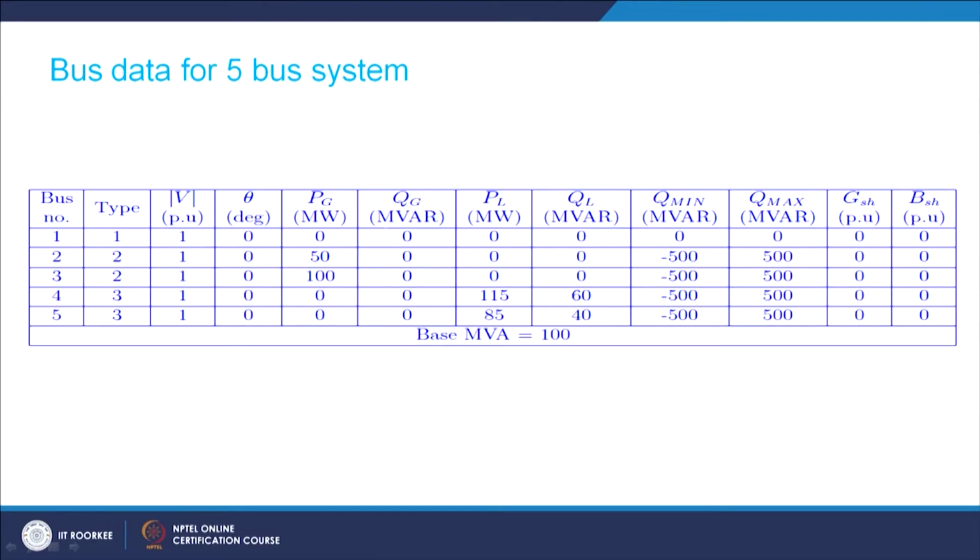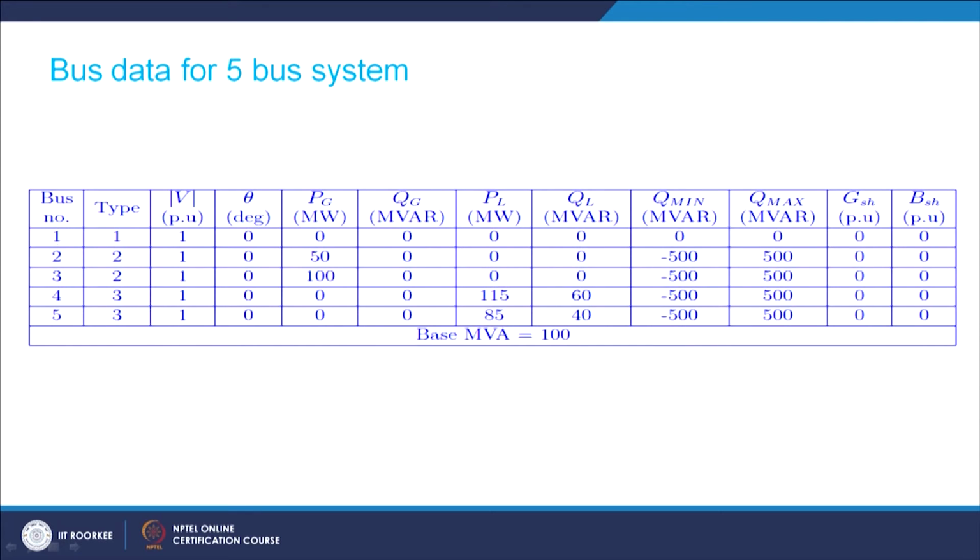Now, you can see that for bus 1 nothing else is pre-specified. Because bus 1 is a slack bus, there are only 2 quantities specified, that is bus voltage magnitude, which is 1 per unit, and this angle theta equal to 0.